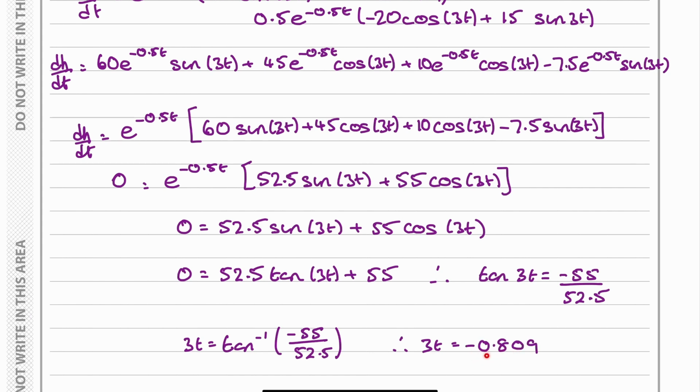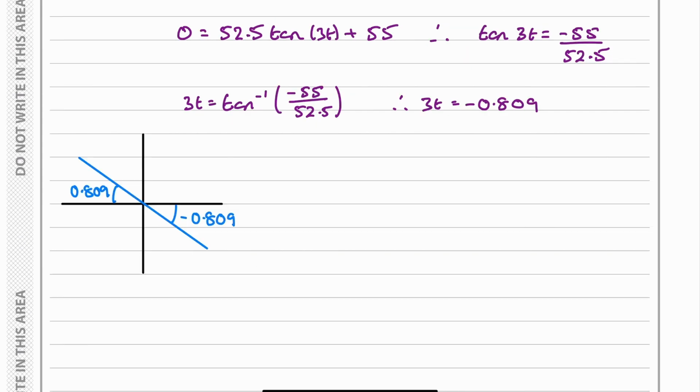But this gives us a negative time, so we can work out the other solution using the CAST diagram. So the value of t that we want will be in this angle here, and this will be pi minus 0.809, which gives us 2.33 radians. So we're saying that 3t will equal 2.33, divide both by 3, so t will equal 0.778 seconds.